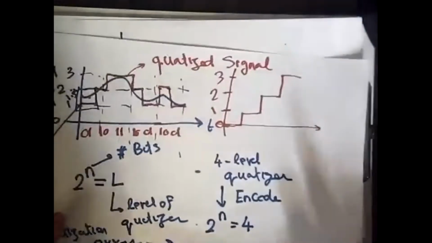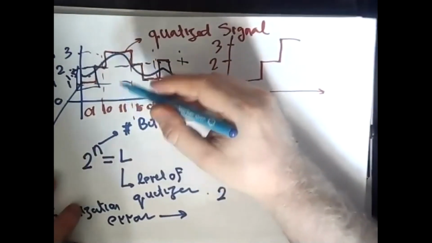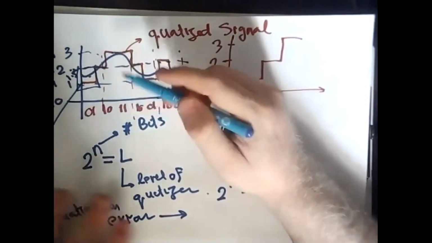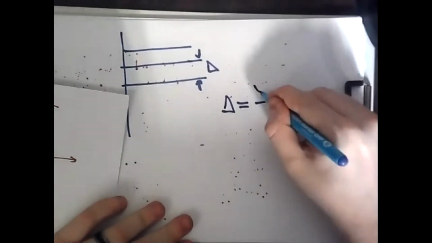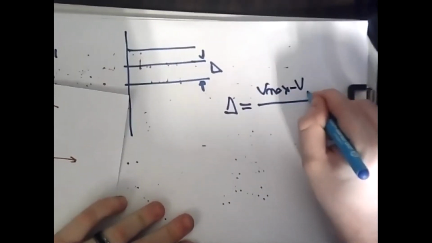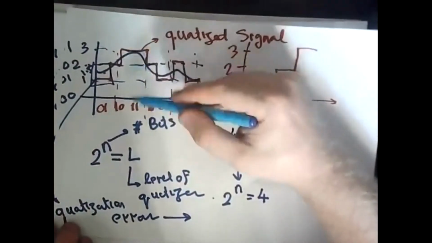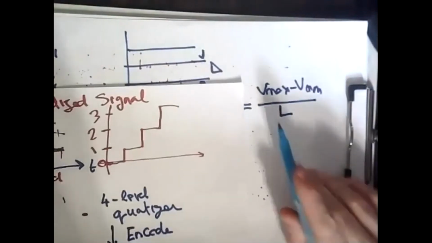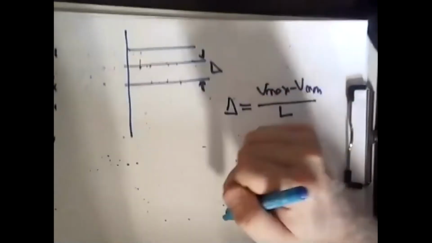If this is V maximum and 0 is V minimum, then delta equals V max minus V min over L. So in our example, we have 4 minus 0 over 4, which is the number of levels, so we have 1 volt. This describes the distance between two successive levels.